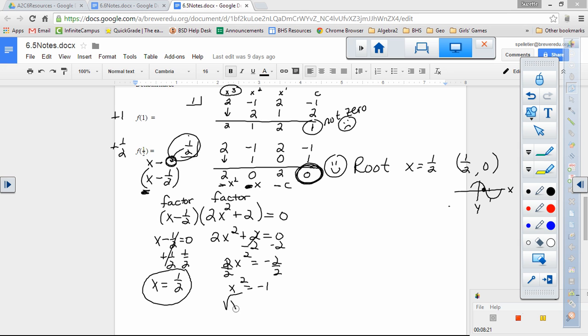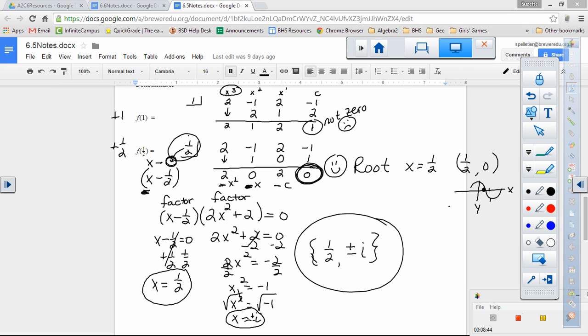And then remember we square root both sides to get rid of the square, and I get x equals, and the square root of -1 is i, so plus or minus i. So I have, in fact, found all three roots of this polynomial equation, and they are 1/2 and plus or minus i. We just solved a polynomial equation, okay?